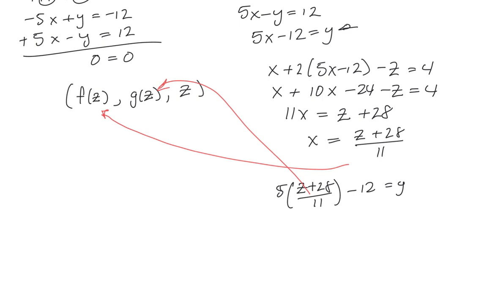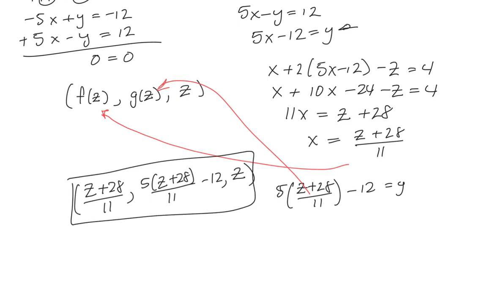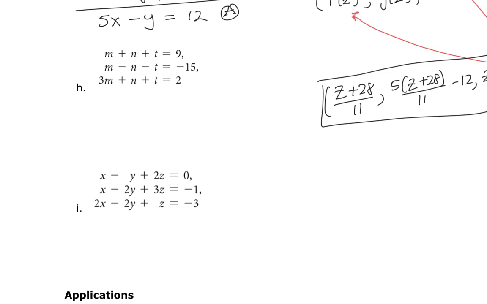So my answer, which is terrible, is (z plus 28) over 11, comma, 5 times (z plus 28) over 11 minus 12, comma, and then z. And so here it is, we had to parameterize because we had an infinite number of solutions.